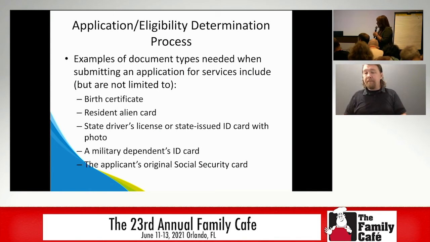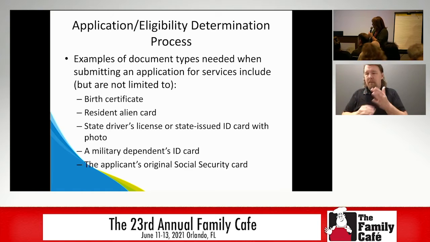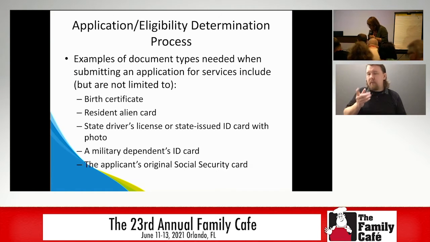So, as part of the process, we will also need proof of identity, and that's required in order to make sure that the applicant is who they say they are. And so these are some of the examples of documents that we will need to show proof of identity.